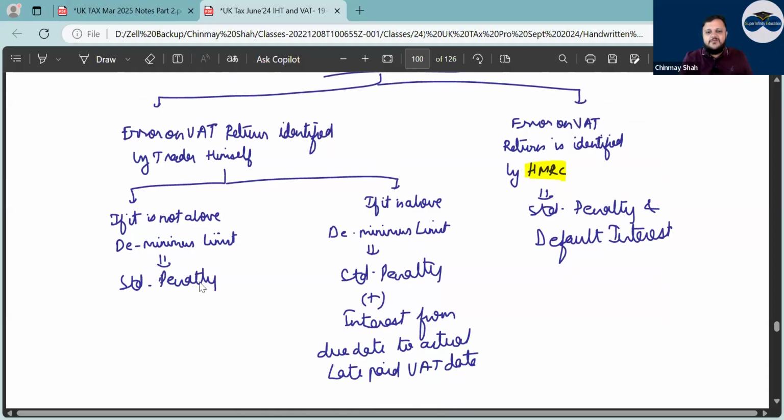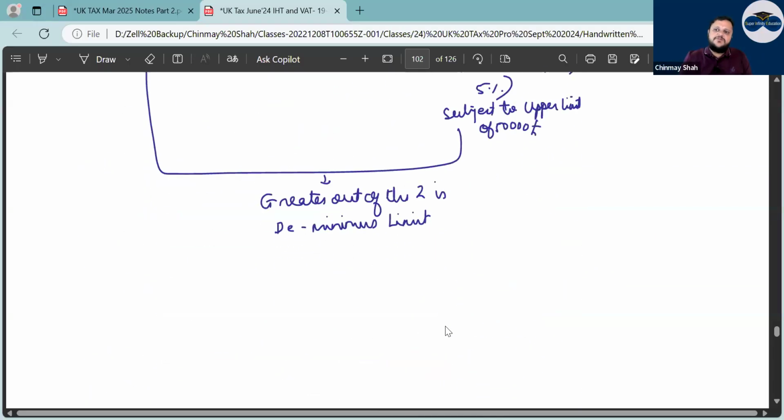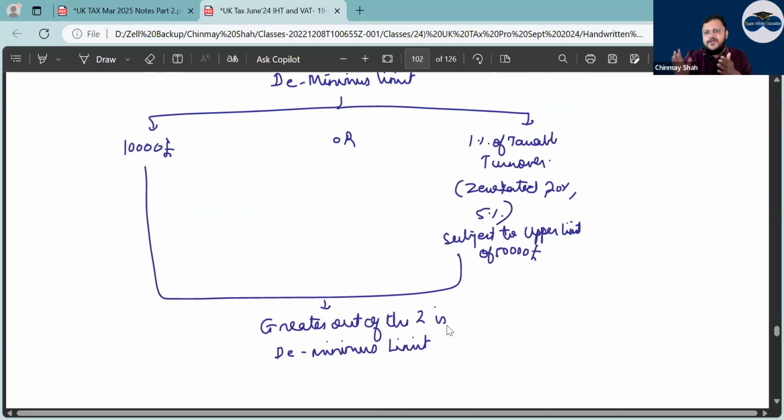Somewhere around 200 pounds standard penalty is there. Interest is 6.25%, 6.5% from the date payment was due up to the actual payment date, right? De minimis limit is what? 10,000 or 1% of taxable turnover. Zero rated 20%, subject to an upper limit of 50,000. Greater of the two is the de minimis limit, correct?